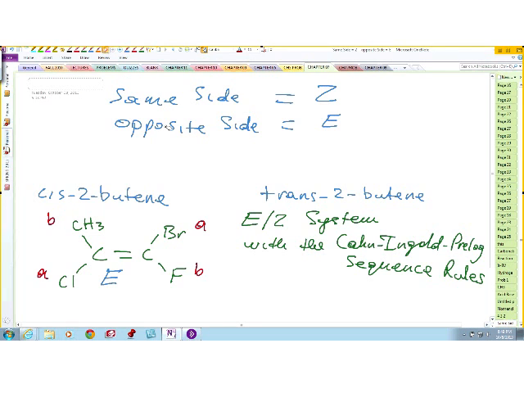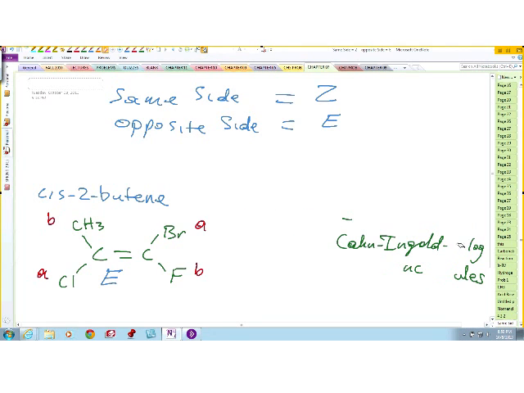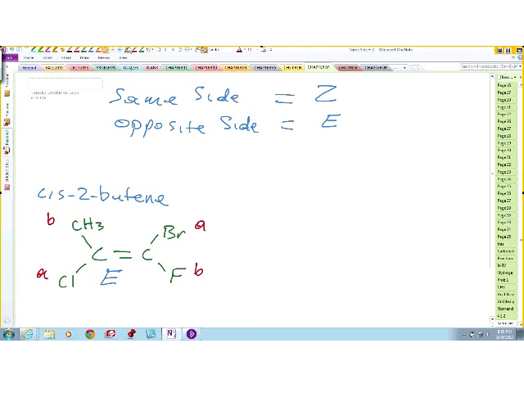So therefore, how do we name this? So this becomes (E). Since we only have one double bond in the molecule, we do not need to indicate the number. So it becomes E. What's the rest of the name?